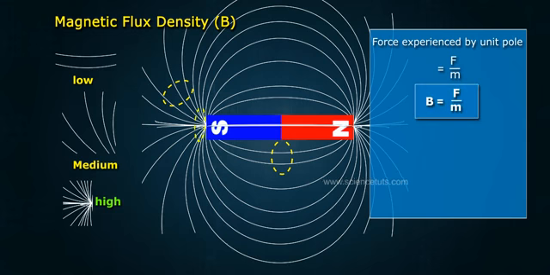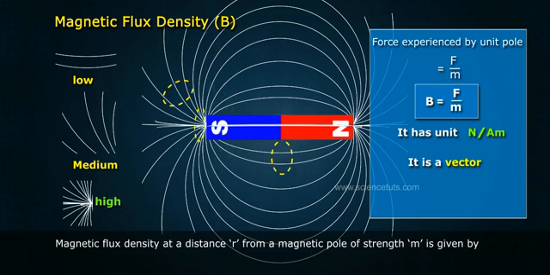B is equal to F by m. It has unit Newton per ampere meter. It is a vector. Magnetic flux density at a distance r from a magnetic pole of strength m is given by B is equal to mu naught by 4 pi m by r square.